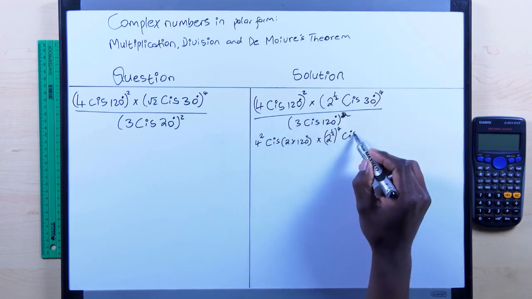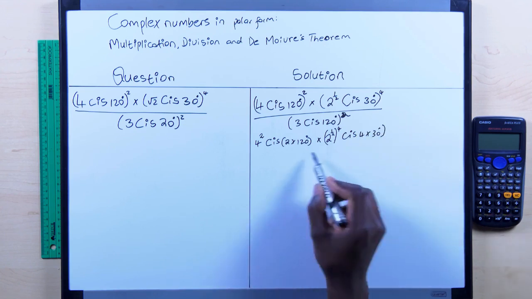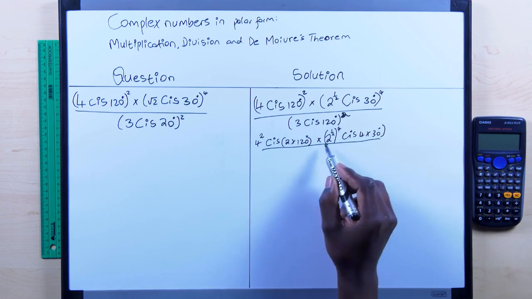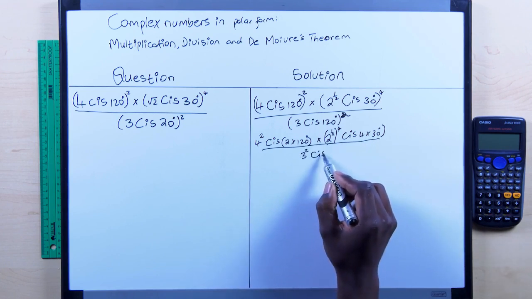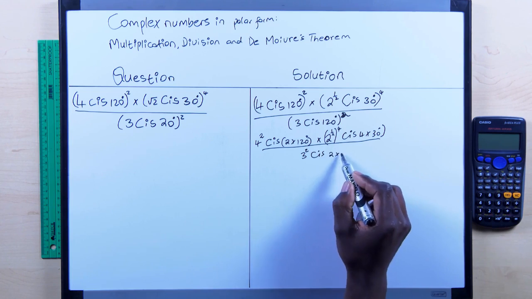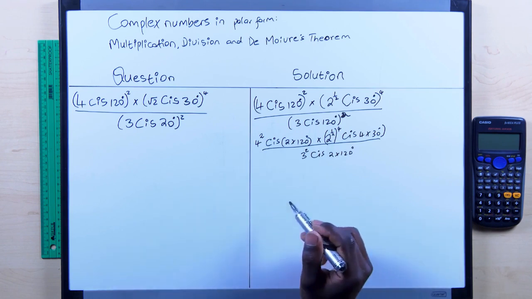And then we bring the denominator. Same thing applies. What is left for us is just to simplify.